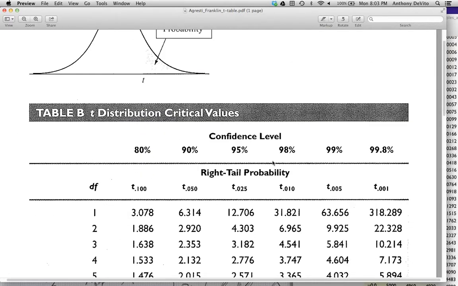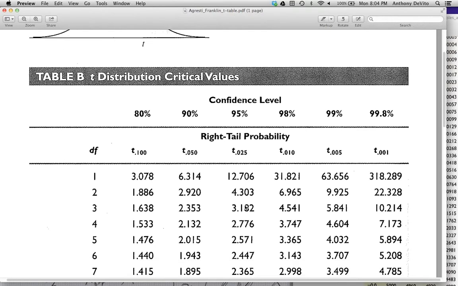So my 95% confidence interval, in other words, my t-score, when there's 2.5% on both ends of the distribution. This is the right tail probability, 0.025. Add the left tail to that, and you get your 5%, or your 95% confidence interval, right?